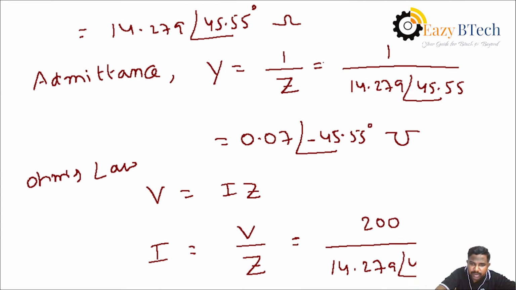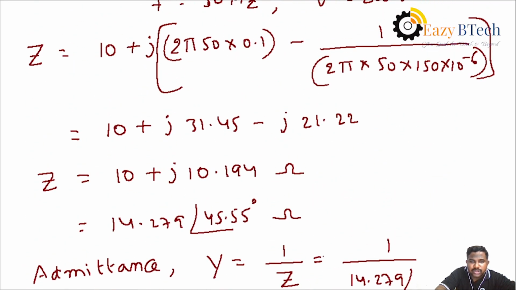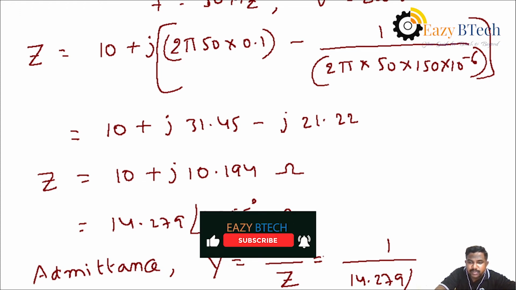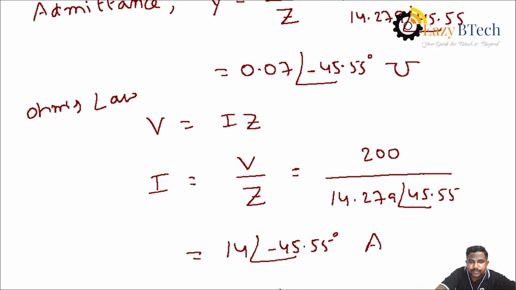And we have to calculate admittance Y equal to 1 by Z. Then by using Ohm's law, we have to find out the total current passing through the circuit. In the calculation of impedance, you must convert the impedance value from rectangular into polar form in order to find out the phase angle phi of the circuit.